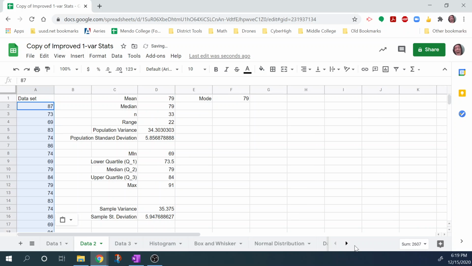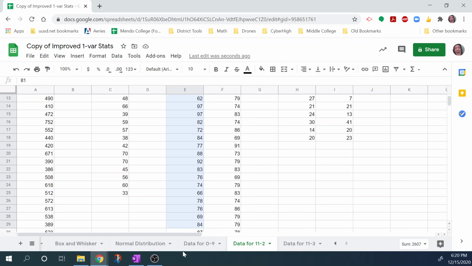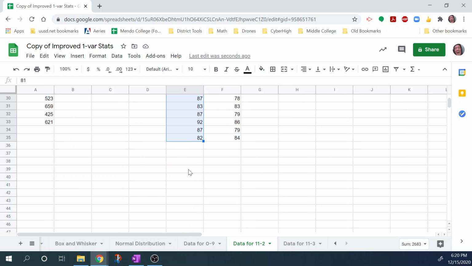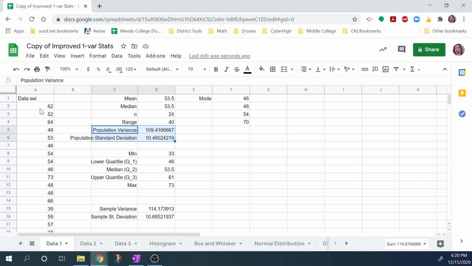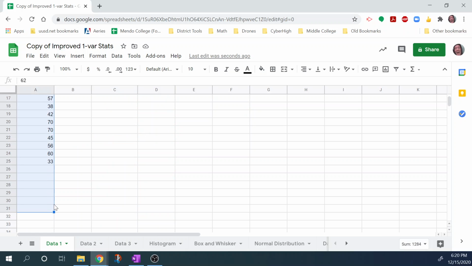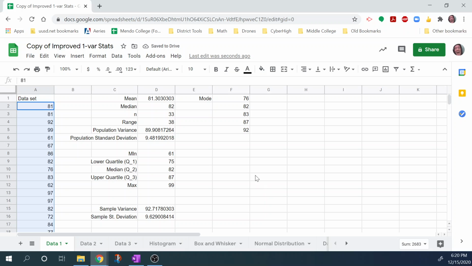And going back in here, data for 11.2, Chapter 3 tests. Let's copy those off. I don't want to put them in data 2 because I've already got that there. Let's go ahead and put it in data 1. All right, and let's compare the things.